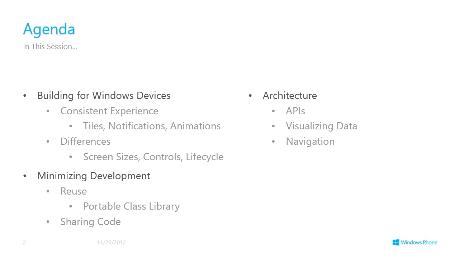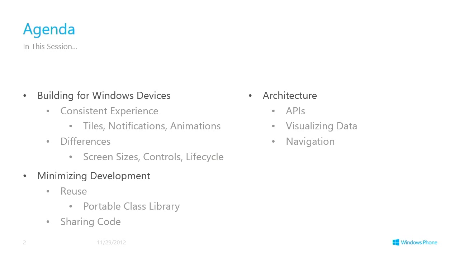So we're going to focus on getting developers to think about the application you're building and considering the common elements such as tiles, notifications, use of grids and content rather than Chrome, the design language, but also how to respect the differences such as grid views and list views versus list pickers and long list selectors. And we'll have a look at the different screen sizes and the impact that has.